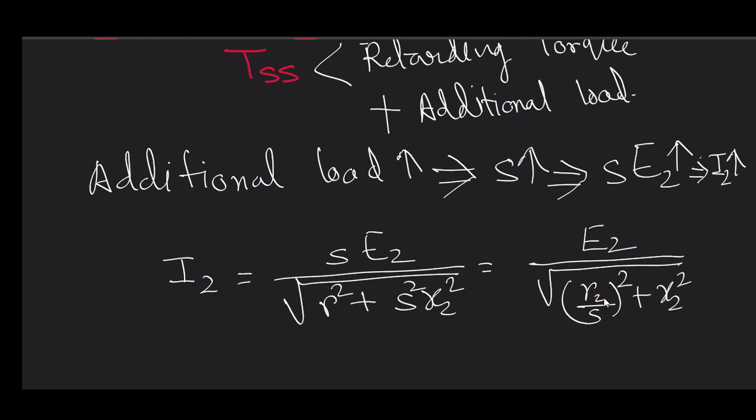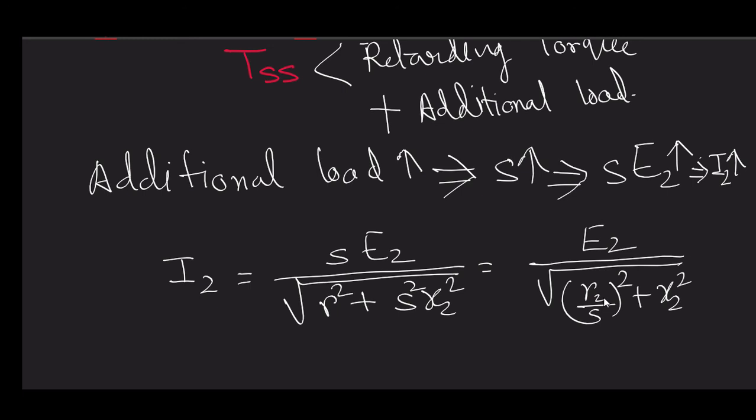Now a change in load on the motor shaft is going to change your I2, and once you sense the change in I2, the remaining part is just like a transformer, a change in secondary side load, because we just need to establish a connection between secondary side current and mechanical load.